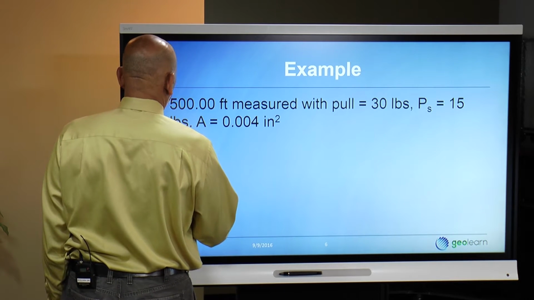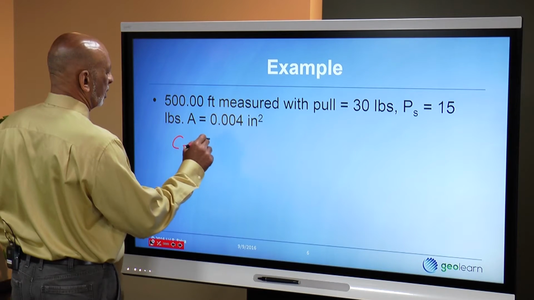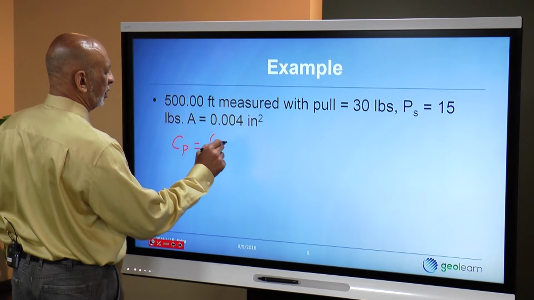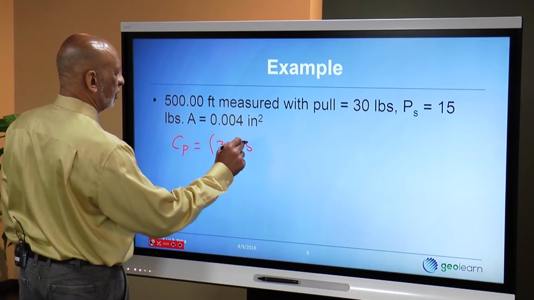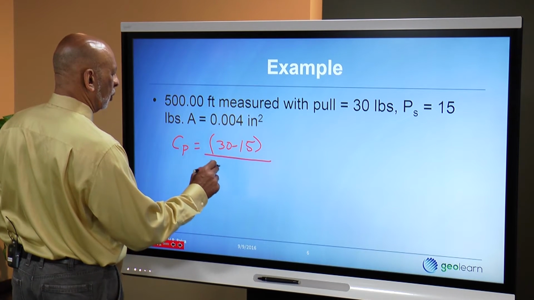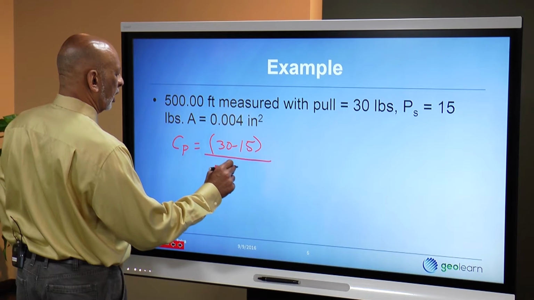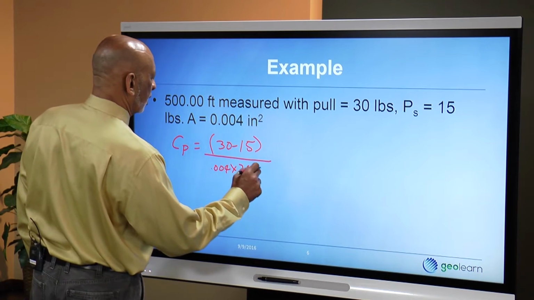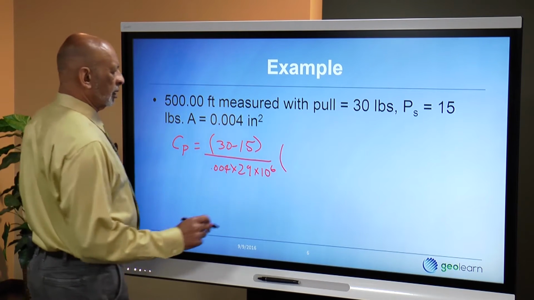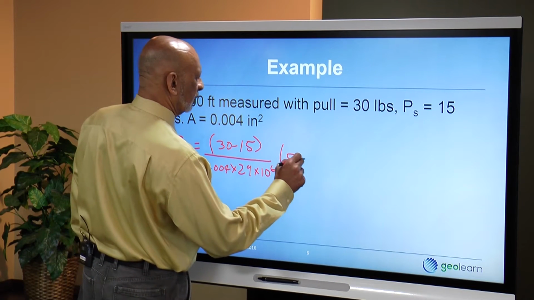So C sub P is equal to the pull we used in the field, which is 30, minus the standard tension divided by AE, so 0.004 times 29 times 10 to the 6th, and of course all of this times the 500 feet.